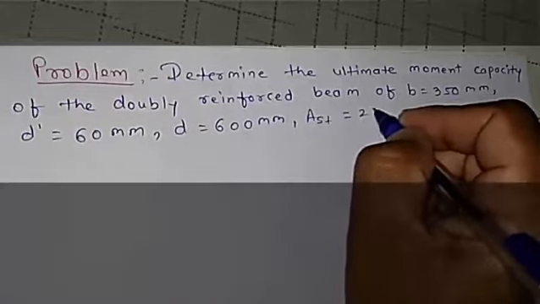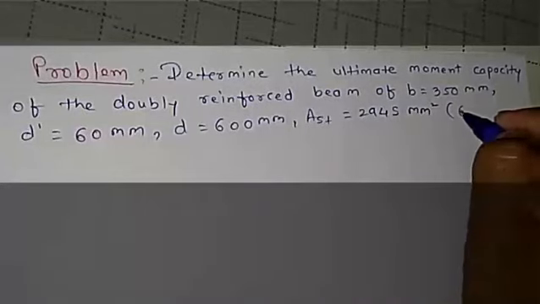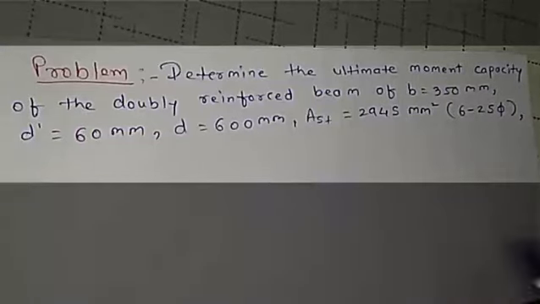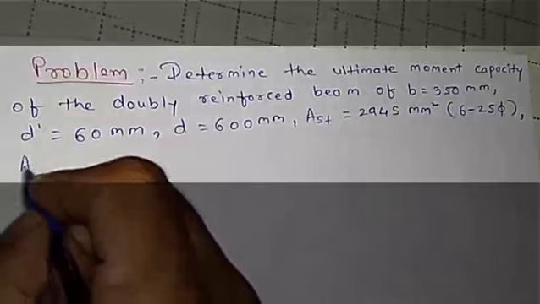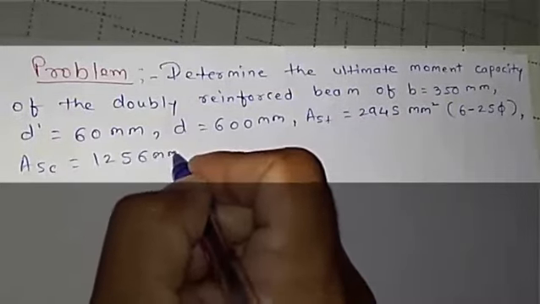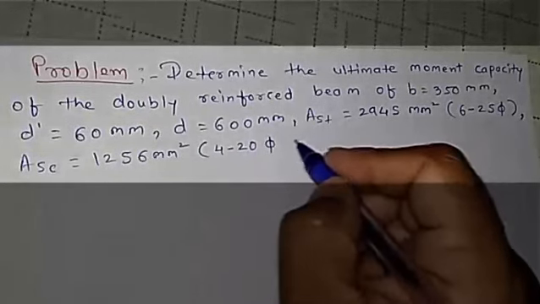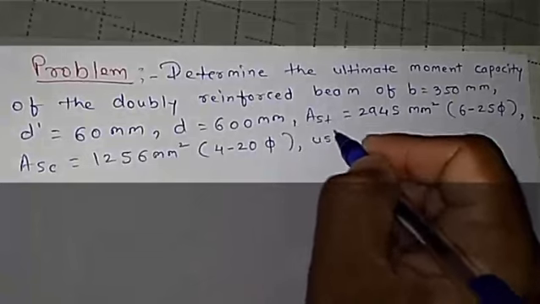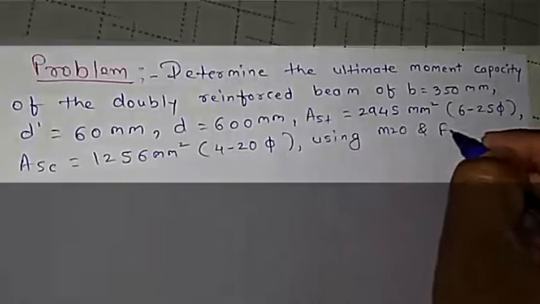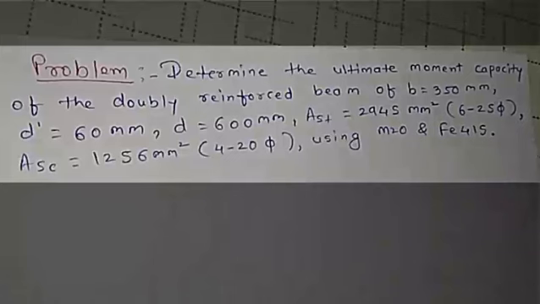Ast is equal to 2945 mm square, which is 6 numbers of 25 mm diameter bars, and Asc is also given, that is the area of compression reinforcement, 1256 mm square, which is 4 numbers of 20 mm diameter bars. We need to use M20 grade of concrete and Fe415 grade of steel. So that's the problem.